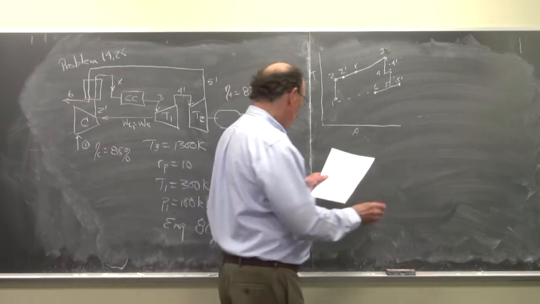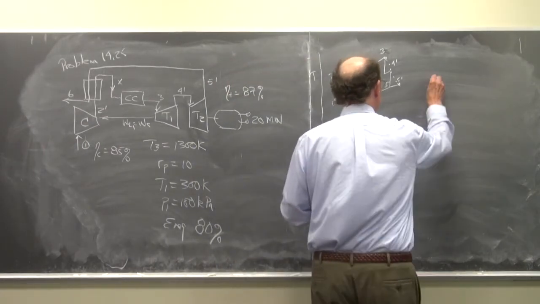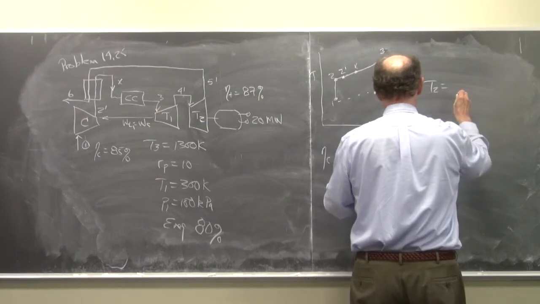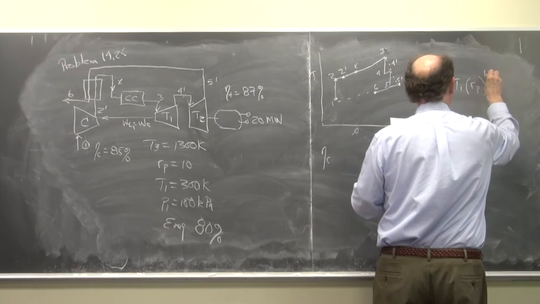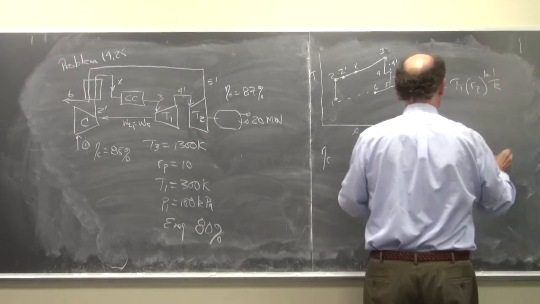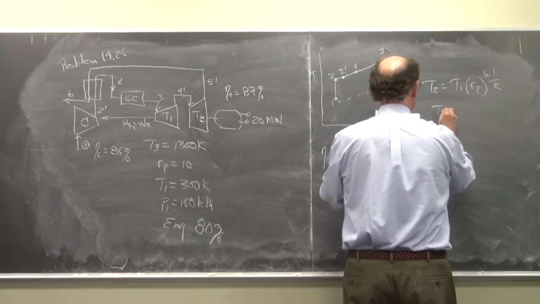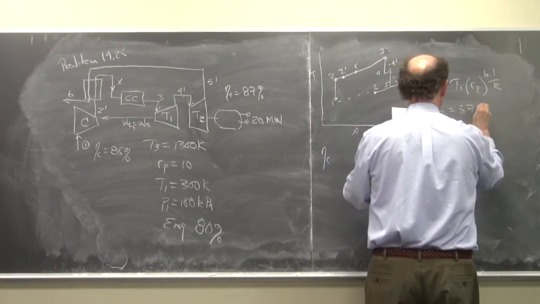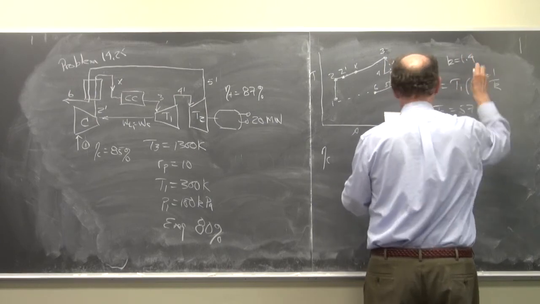So with their compressor efficiency, well, let me see. First, T2 is equal to T1 times R sub P to the K minus 1 over K. And so T2 is 579 degrees K. K is equal to 1.4.